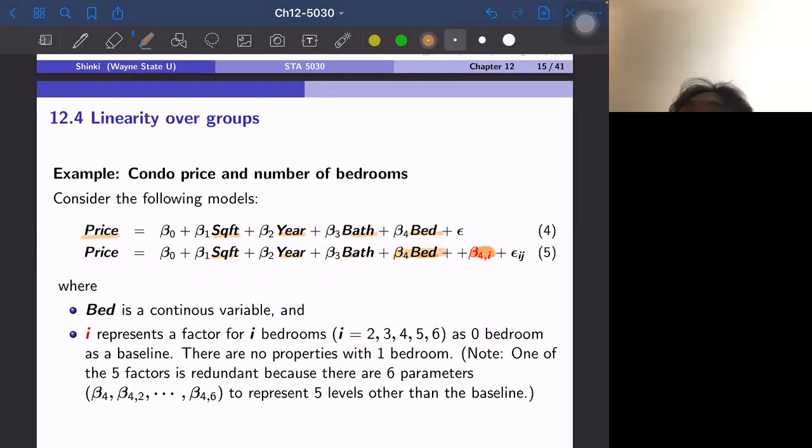In this database it's a little strange, and there are no houses with 1 bedroom. So the number of bedrooms is either 0 or 2, 3, 4, 5, 6. So we need indicator functions for the bedroom count equal to 2, 3, 4, 5, 6, so we have 5 variables.